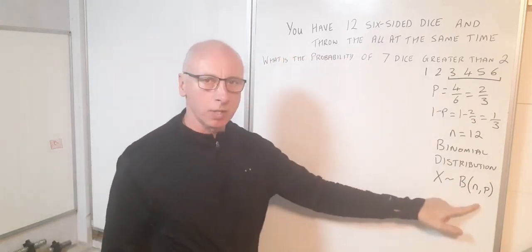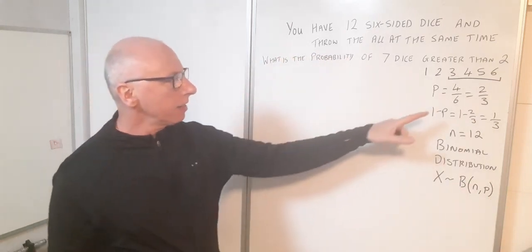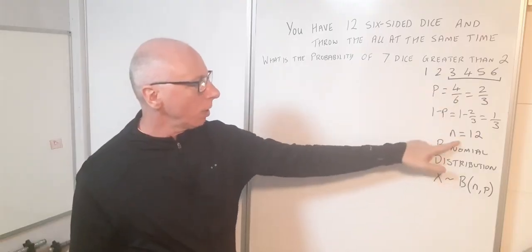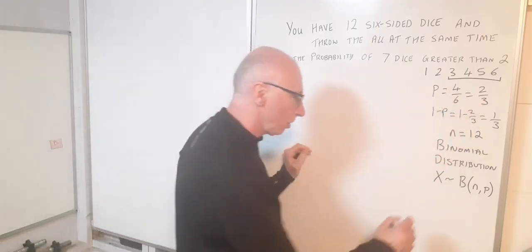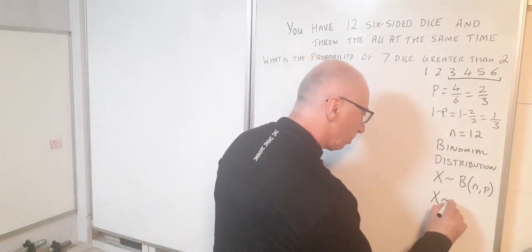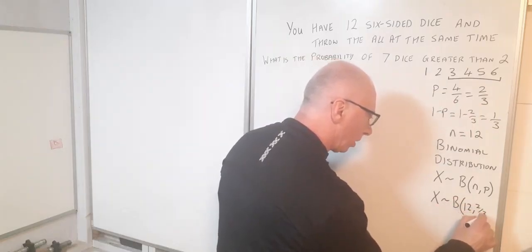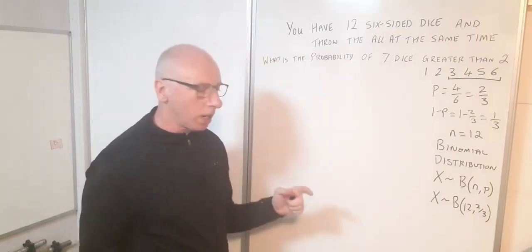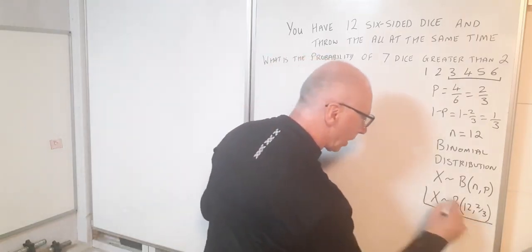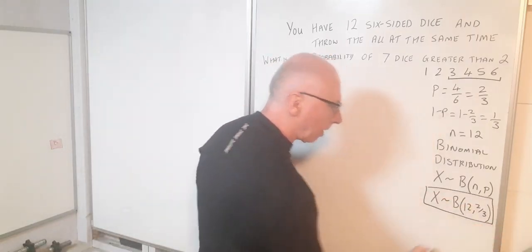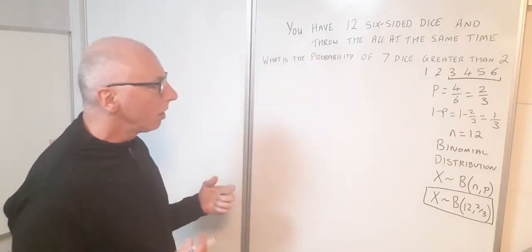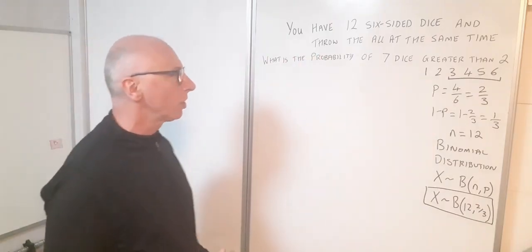That's how we would note it. So in this case, the number of trials is 12 and p is 2/3. So for this example, it's B(12, 2/3). That's going to define how we would calculate our probability for this question.